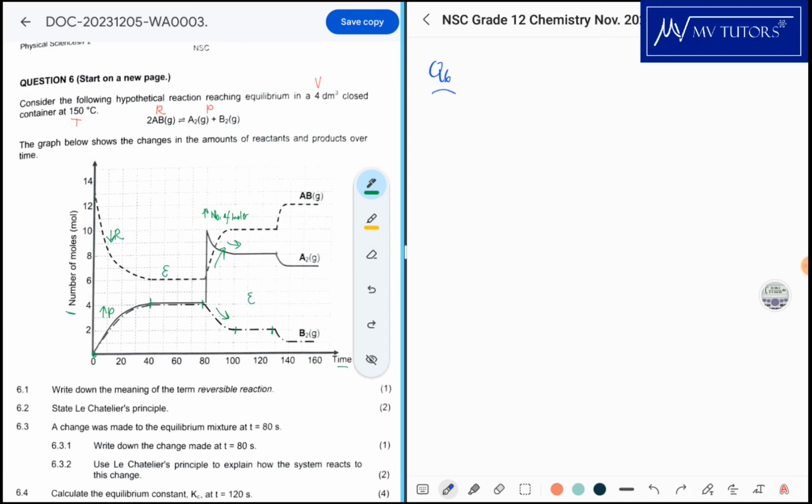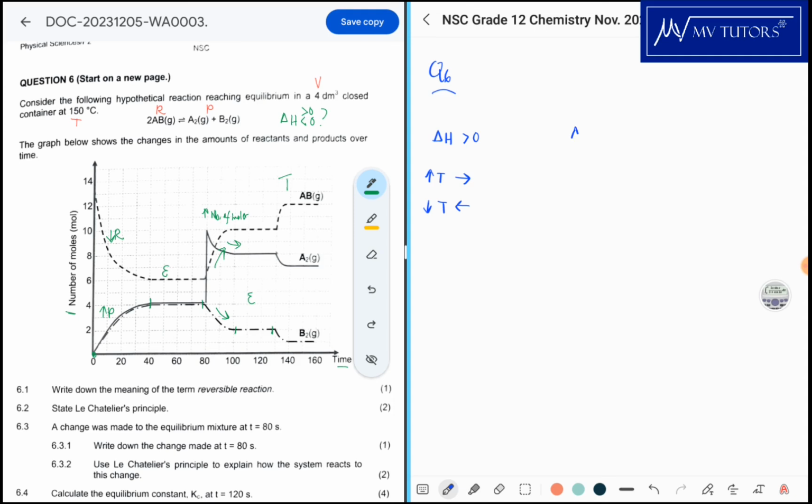If it's a sharp increase, we're expecting a change in concentration or number of moles or pressure. But if it's a gradual increase, then it has to do with temperature. Now, we don't know whether this reaction is endothermic or exothermic, so I can't tell if there's an increase in temperature or not. There are different scenarios. For example, if you have an endothermic reaction, an increase in temperature will favor the forward reaction, but a decrease in temperature will favor the reverse reaction.